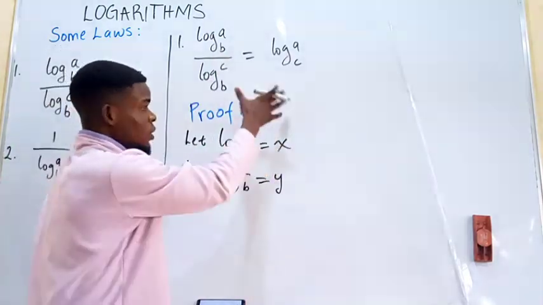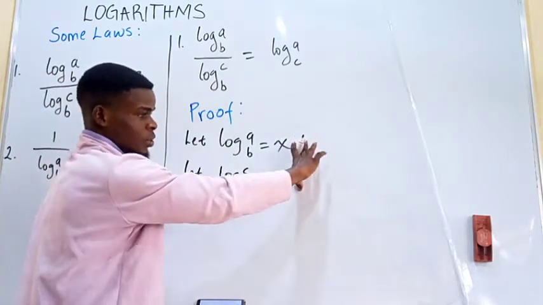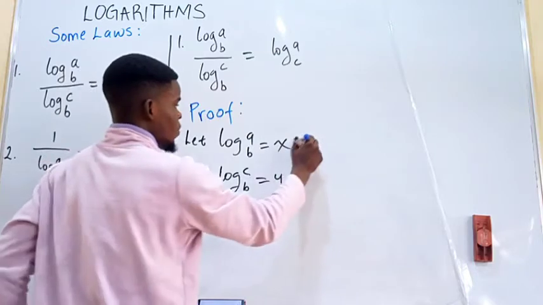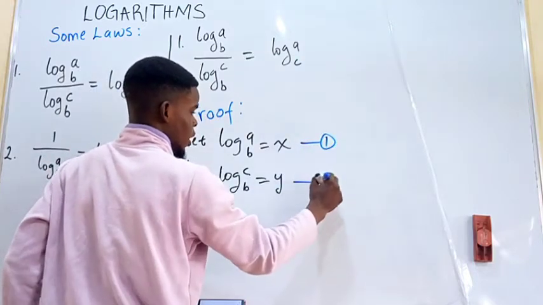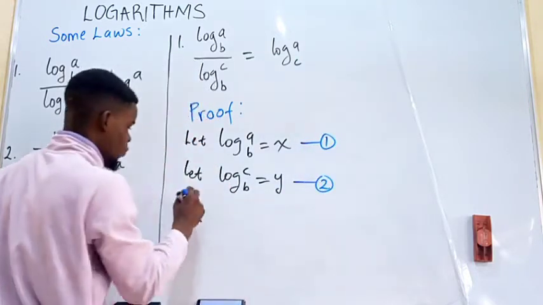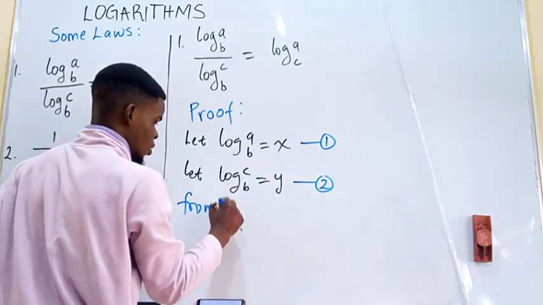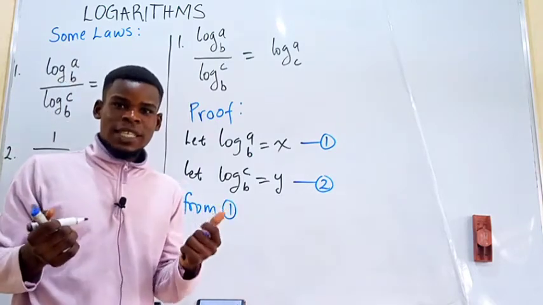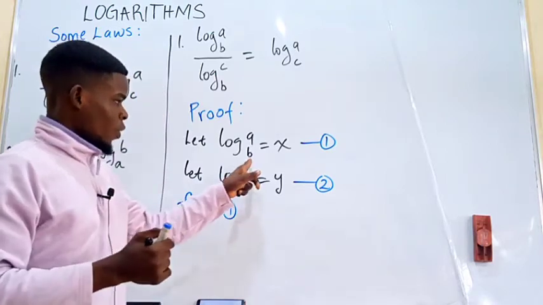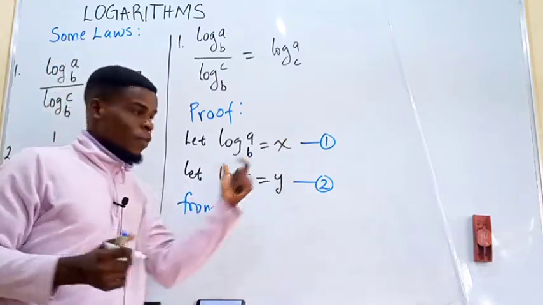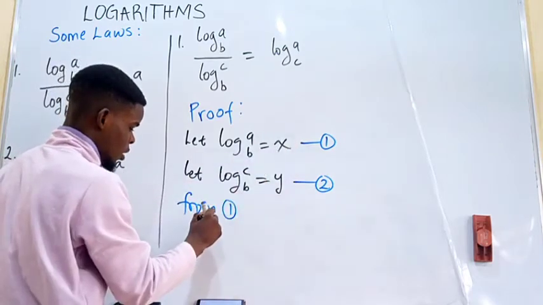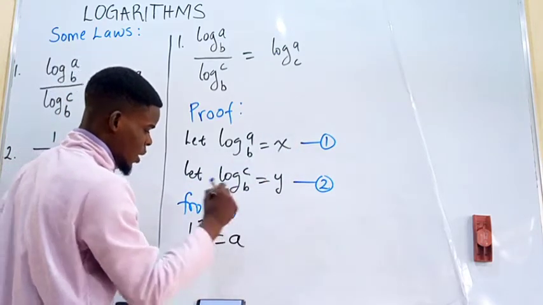So since we've gotten that, if I give them some names, let's call this one 1 and this one 2. From 1, using our basic laws of indices, we can write this in index form as b raised to the power of x, and we equate that to a.